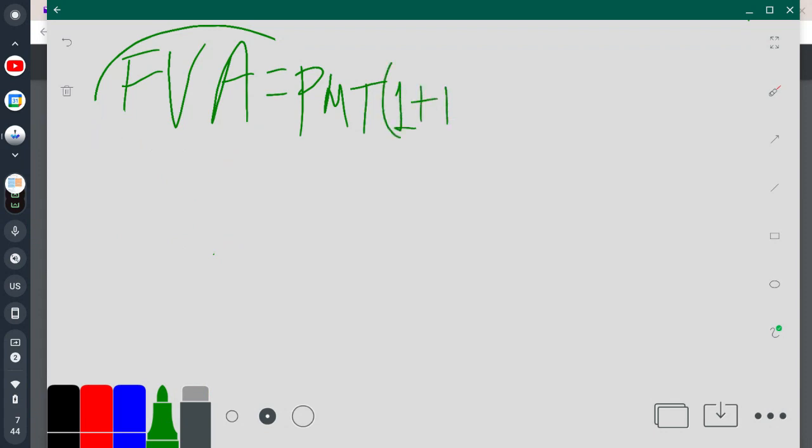We'll earn interest. This is, of course, the monthly rate, n minus 1 times. Isn't that right? And in our example, our n is 60 months. But because I'm making a deposit at the end of the first month, from the end of the first month to the end of the 60th month, it's 59, right? Less, n minus 1.